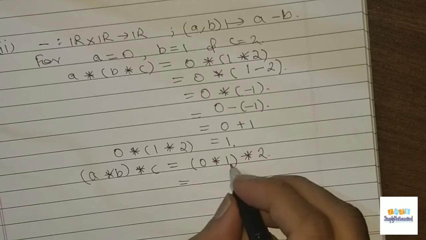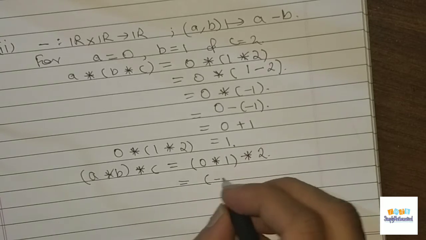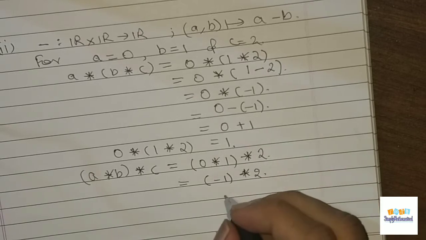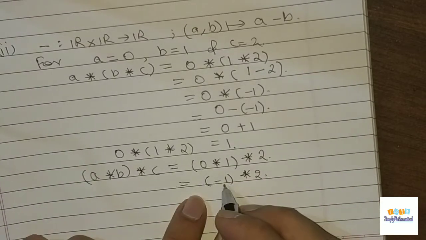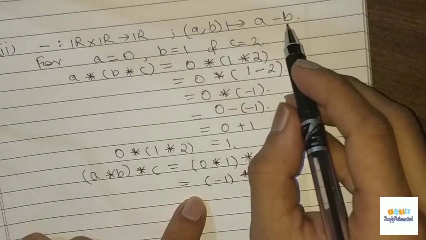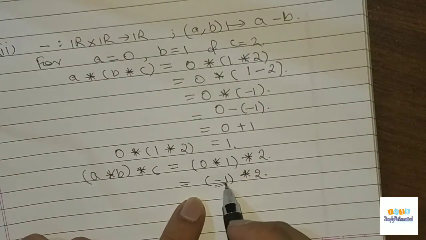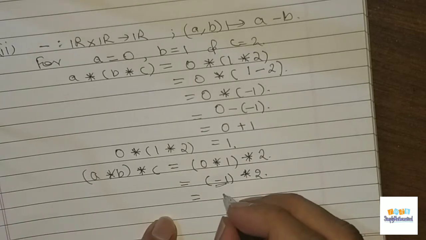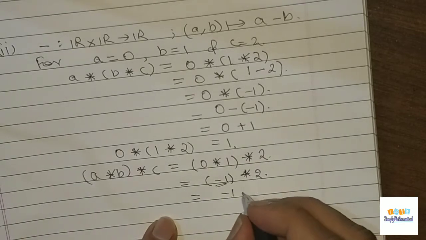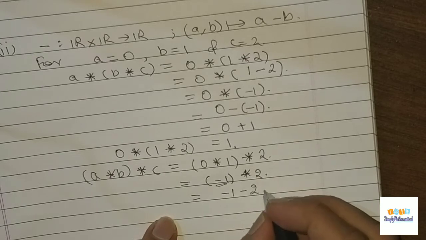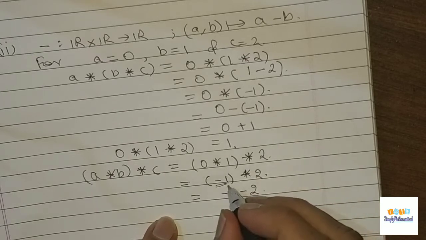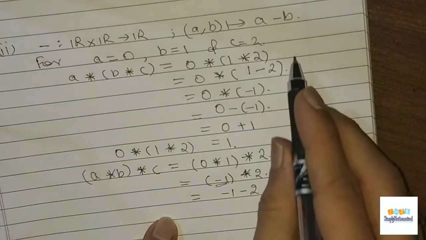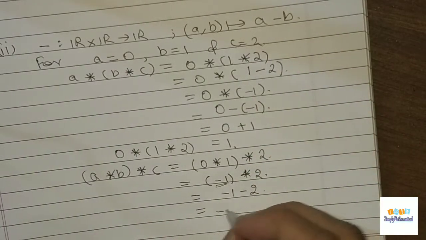Now according to the definition, 0 star 1 is minus 1, because 0 minus 1 is minus 1, and then star 2. So this is equal to minus 1 minus 2, which gives minus 3.